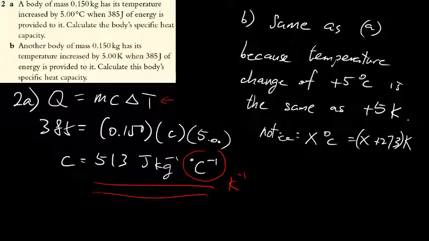For B, I would rather say it's a very redundant question because they didn't change anything except the unit of the delta T temperature change. So here's my answer. You can have a look.